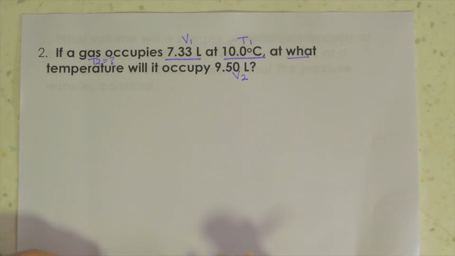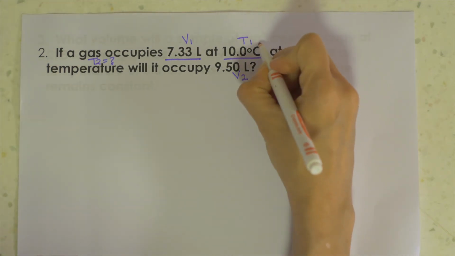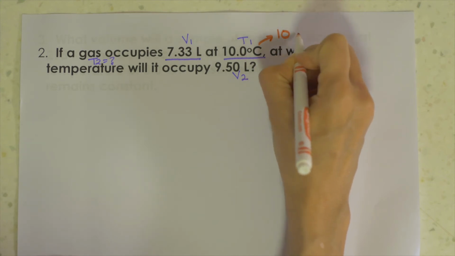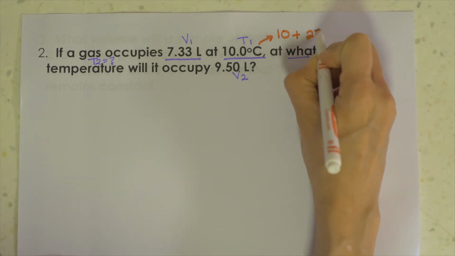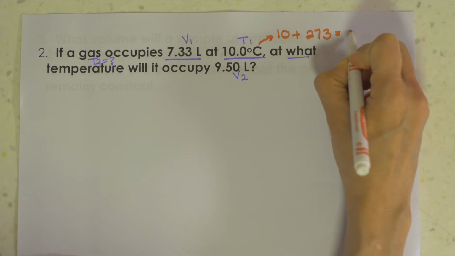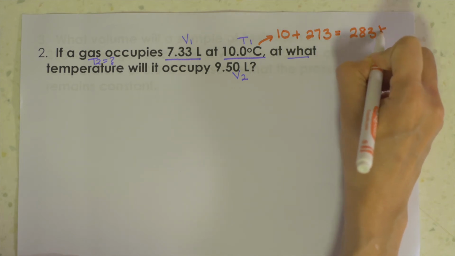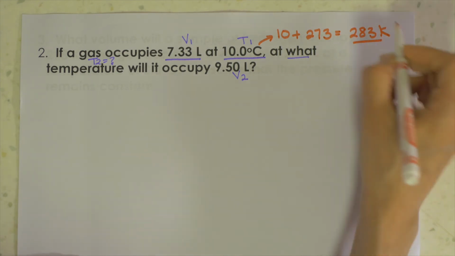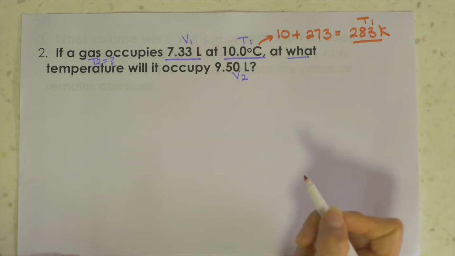So right away you should notice what we need to do before we even set up our equation, and that is to convert the degrees Celsius into Kelvin. And so right away we're going to be able to do that up here. We're going to say 10 plus 273 will be 283 Kelvin. And so that's the T1 that we're going to put into our equation.